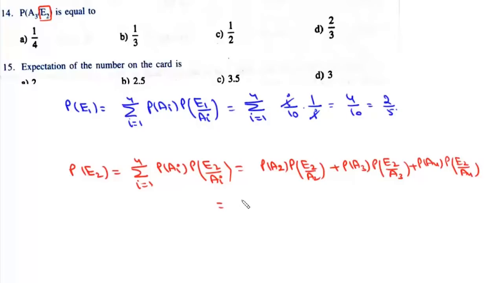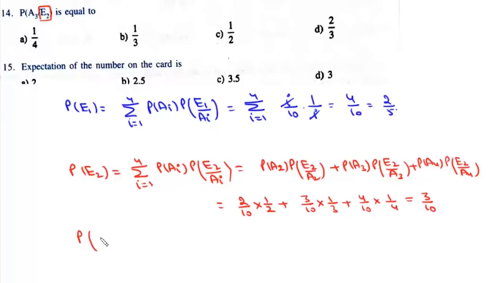Now this is 2 by 10 into 1 by 2. This is 3 by 10 into 1 by 3. And this is 4 by 10 into 1 by 4. So this probability is 3 by 10.